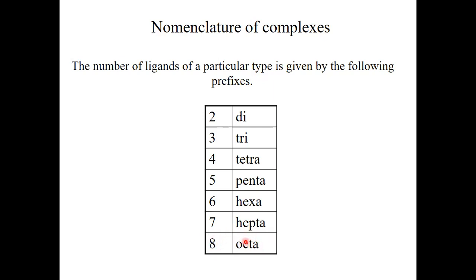You can have 9 and even more, but that number is not so common anymore, just because the associated coordination number at the metal will become extremely high, and it's difficult to fit so many ligands around a particular metal center. And we will talk about this shortly in more detail in this course.